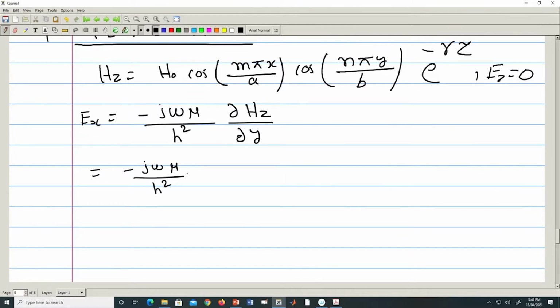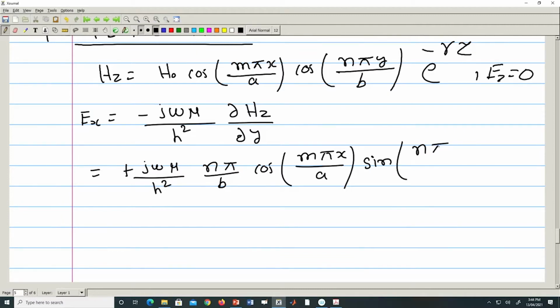So, n pi by b will come outside, n pi by b cos of m pi x by a, and here differentiation with respect to y. So, it will give the minus sign, and this will be plus, because differentiation of cos will be minus sign. So, that will be sin of n pi y by b e to the power minus gamma z.